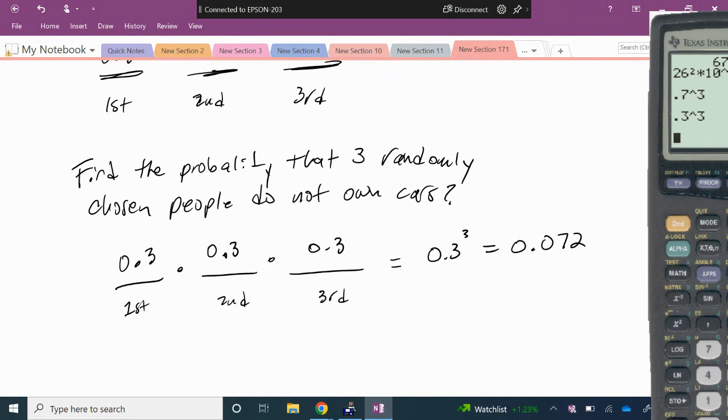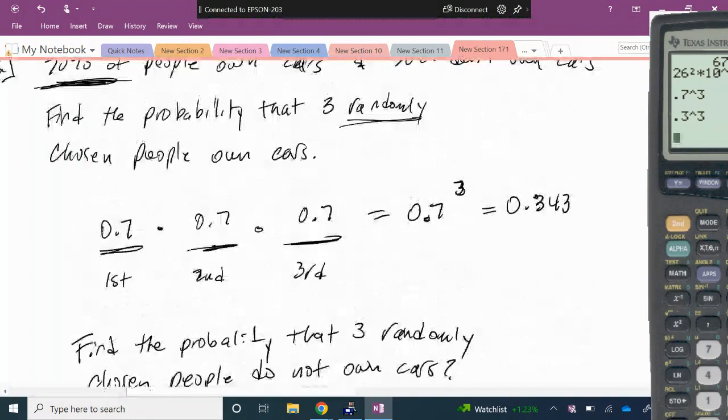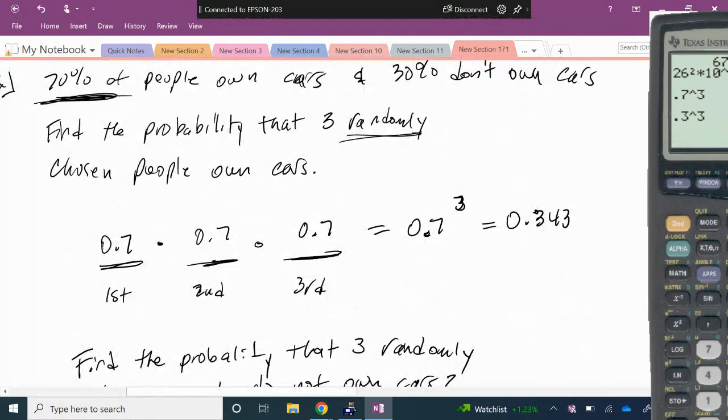All right. So I used the fundamental rule of counting. So there were 3 people, right? So I put a blank for the probability of the first person times a blank for the probability of the second person times a blank probability for the third person. And then I just put in the probabilities for, in the first case, people owning cars, which was 70%, which is 0.7 as a decimal.